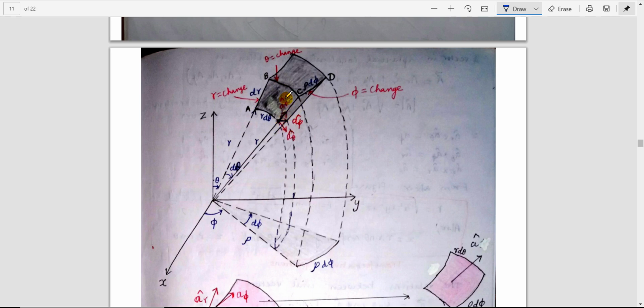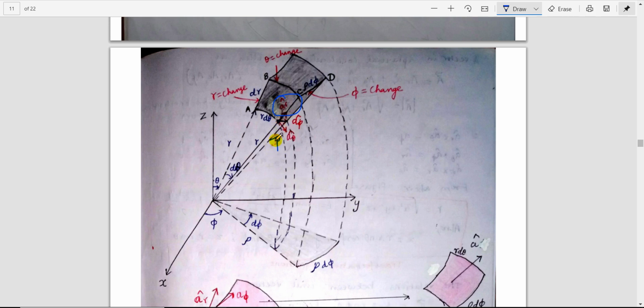Then we can define the unit vector ar cap in the direction of this r, and this is the point where we are going to measure the parameters of the spherical coordinate system.